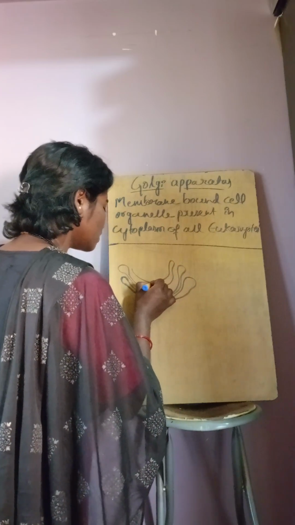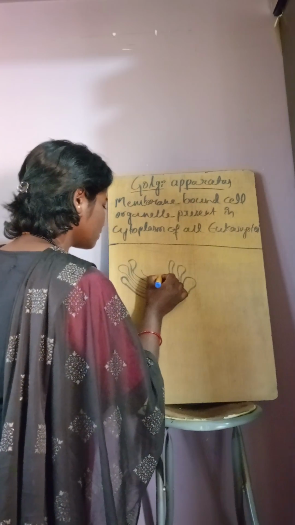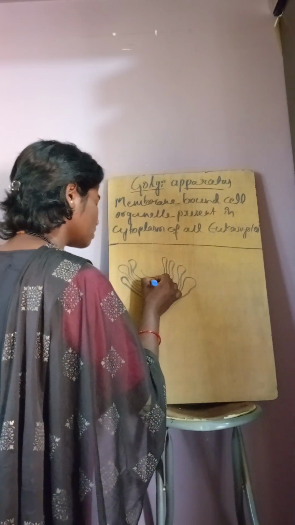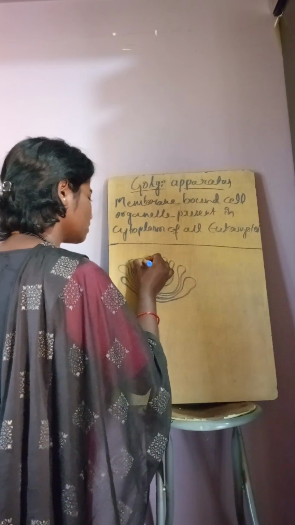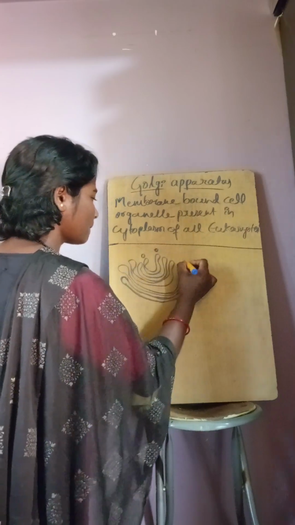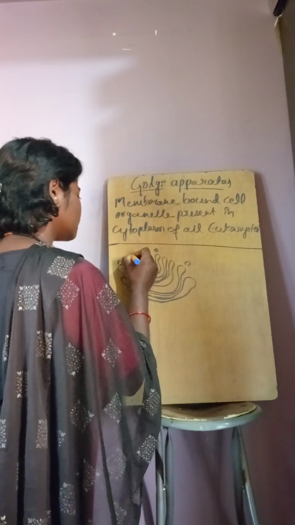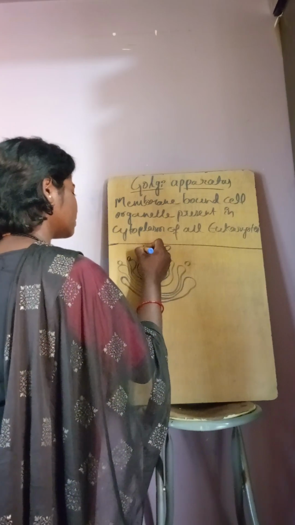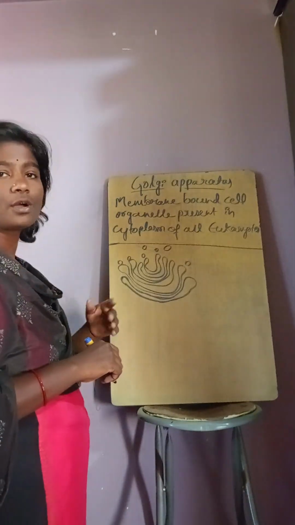So the Golgi body is a cup-like structure. Okay, this is the basic structure of the Golgi apparatus, right?